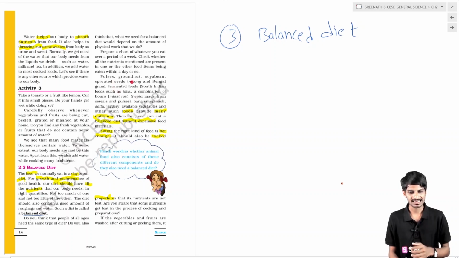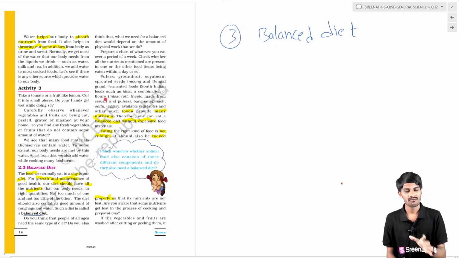Suppose you eat pulses, groundnuts, soya beans, sprouted seeds, fermented foods like South Indian idli, combinations of flours, bananas, spinach, sattu, jaggery, available vegetables and other such foods. These are very cheap foods.